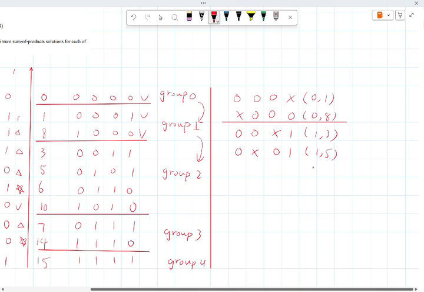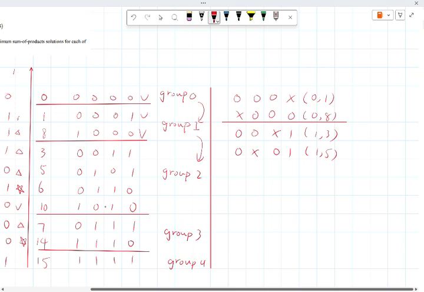Okay, and 1 and 6, sorry, where is that? 1 and 6, cross to cross is not going to happen.